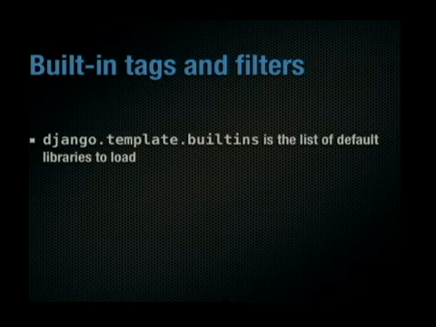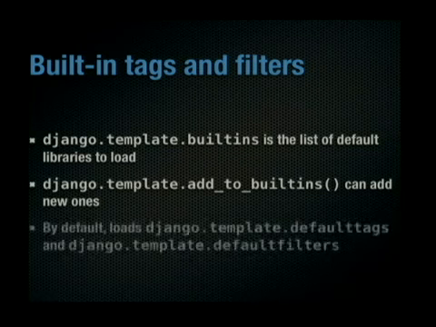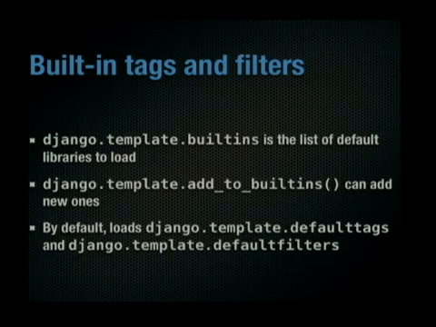Django.template.builtins is what we consult to see what we should load by default. There's a method add_to_builtins that you can call if you have your own particular template tag libraries that you want to be always available without having to use a load tag. By default, it's just django.template.defaulttags and defaultfilters, which are pretty obviously named modules.